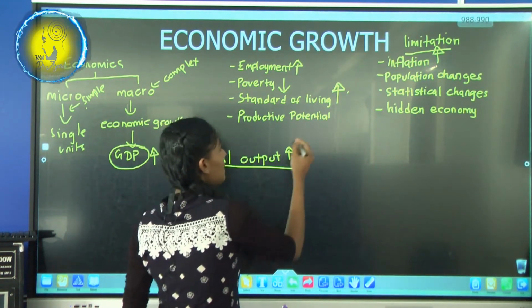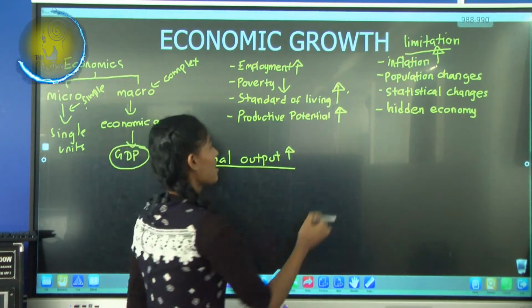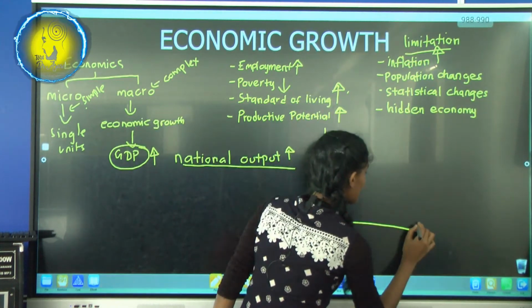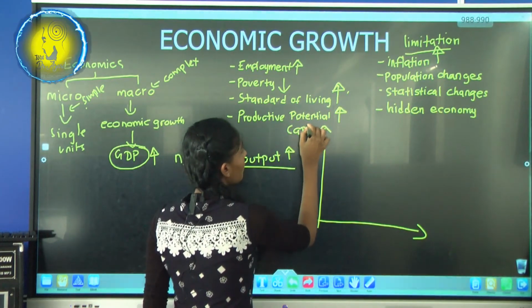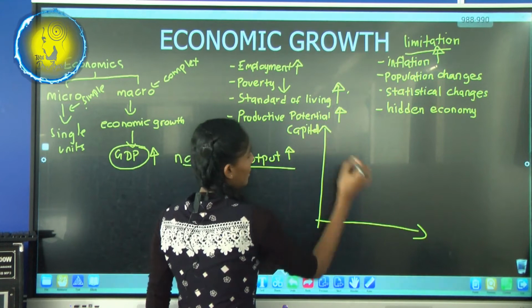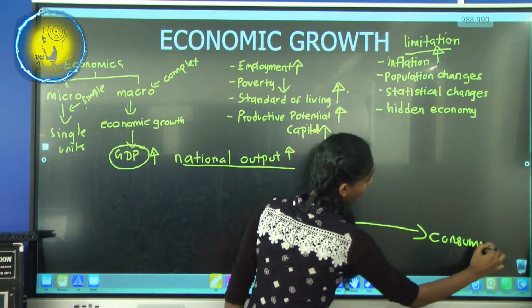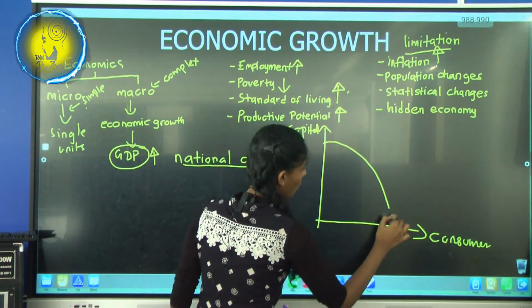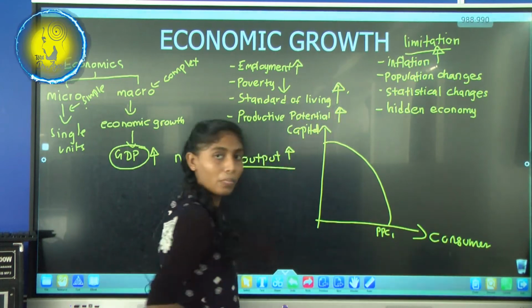Next one, the productive potential of a country will be increasing. How do you show that in the PPC? Say this is a PPC, and this is capital goods and this is consumer goods. This is our normal PPC. We'll name it as PPC1. Right?